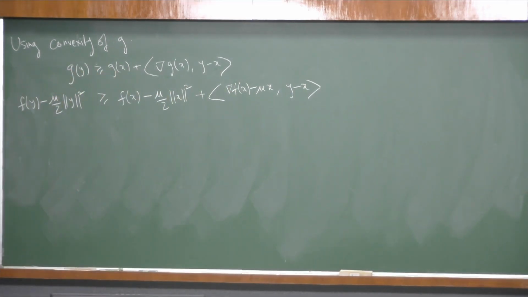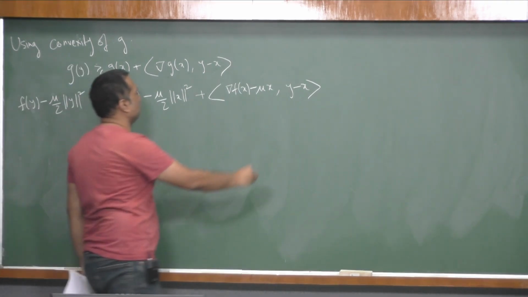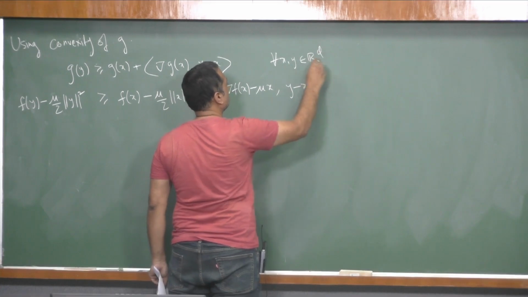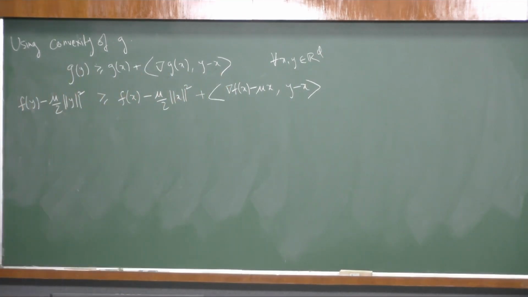Okay. And with this we are supposed to get to the result now, and this is true for all x and y in R d. Okay. So, everything follows for all x and y.